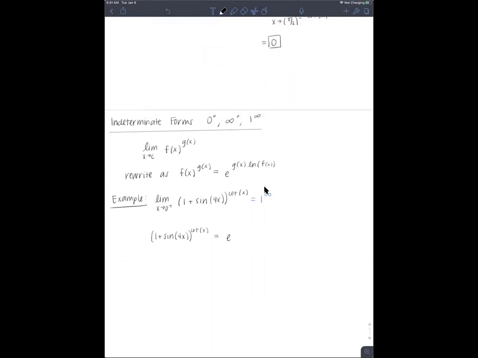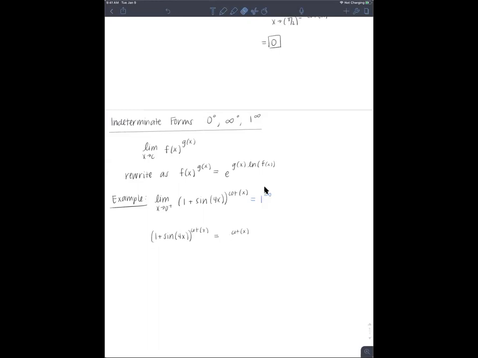And then what's g of x in this case? What's going to go first right here? Yeah, it would be cotangent. So e to the power of cotangent x.